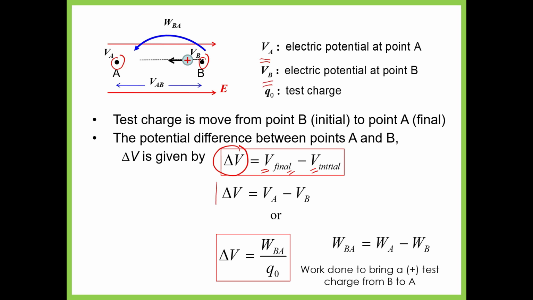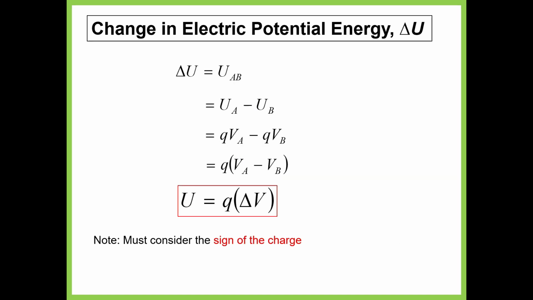This is the equation. Apart from this equation, you can also use delta V is equal to the work done per unit test charge. We also have the term for change in electric potential energy, delta U. So delta U is equal to UA minus UB, or U final minus U initial.